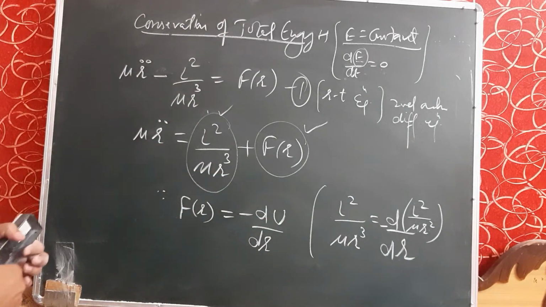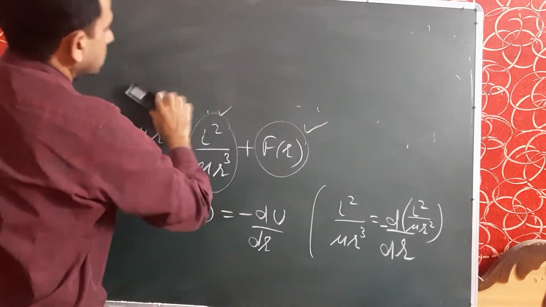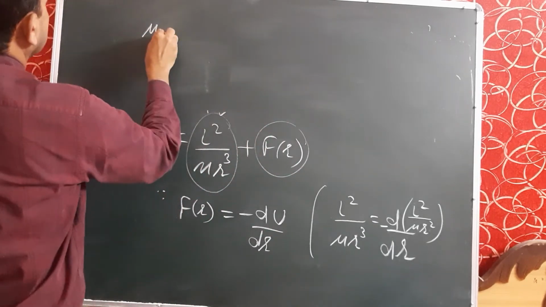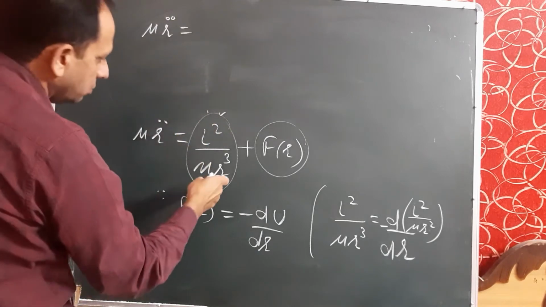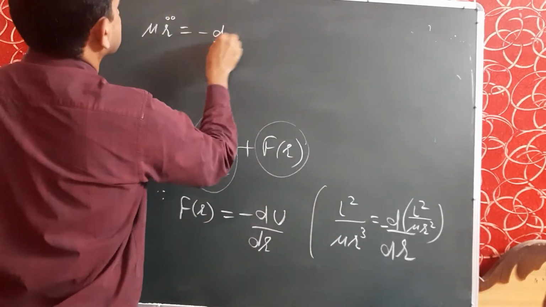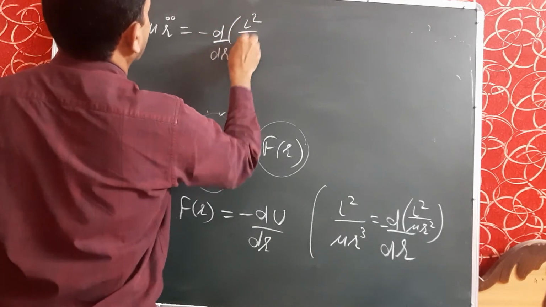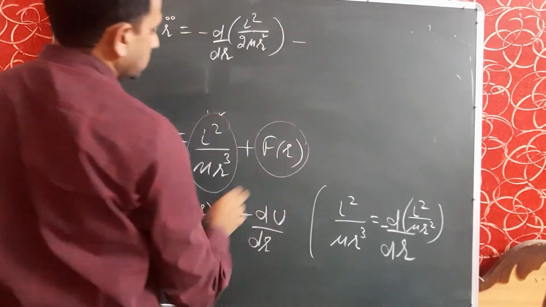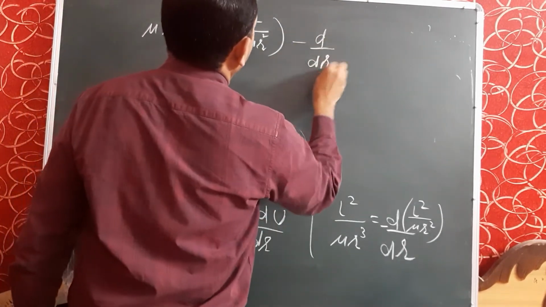So I will use these differential formulae on the right hand side, and we will get mu r double dot, and this term may be written as minus d/dr of L square upon 2 mu r square, and this f of r is minus d/dr of u.